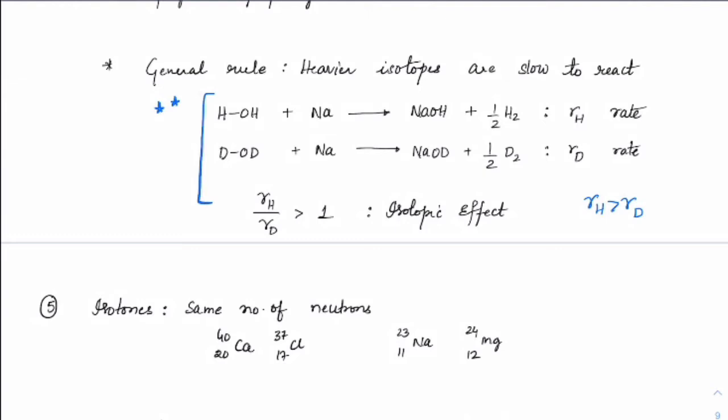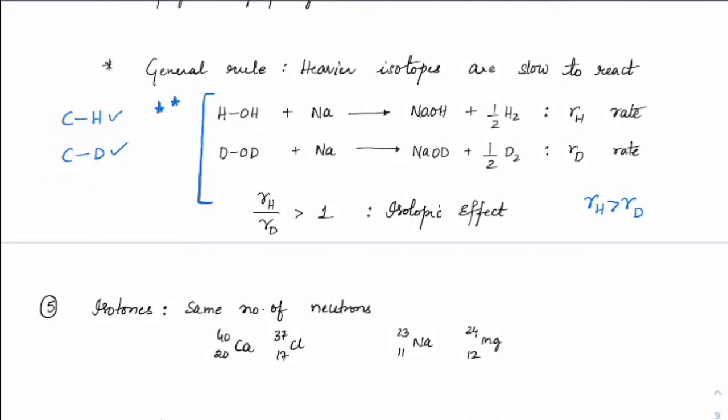In organic chemistry, you will see this application a lot, where you will always consider carbon-hydrogen bond and carbon-deuterium bond. And if you see this bond and this bond, the second one, the carbon-deuterium bond, is always stronger.